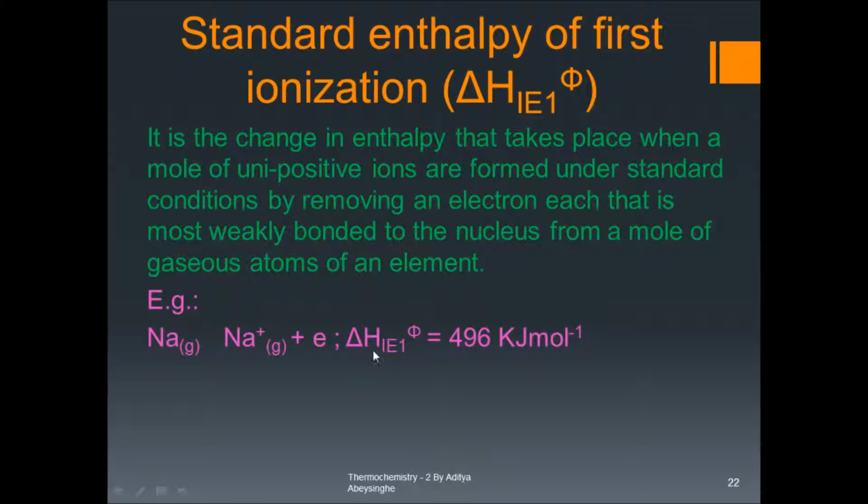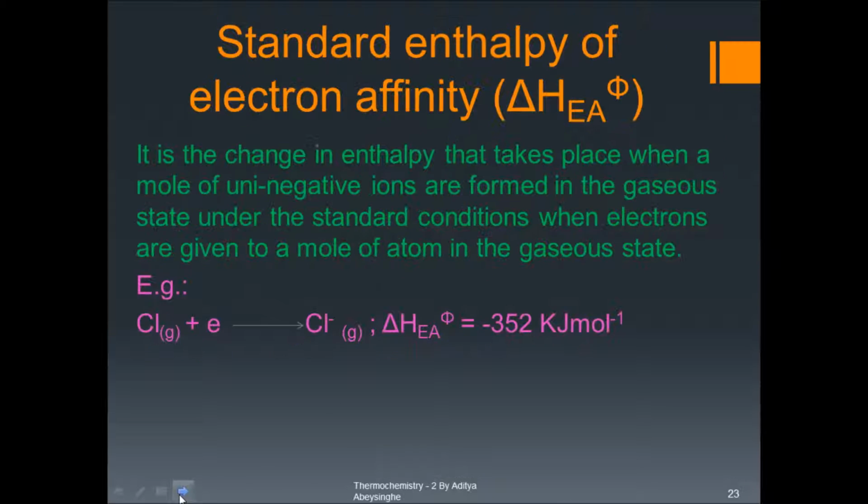So you should take the most weakly bonded electron. That is actually what we also call the valence electron, that can be easily gifted and easily taken into the compound or into the element. So that is removed to form the positive ion or the cation, and the energy in the case of sodium has been found to be positive 496 kilojoules per mole, because we give heat. This is an endothermic reaction.